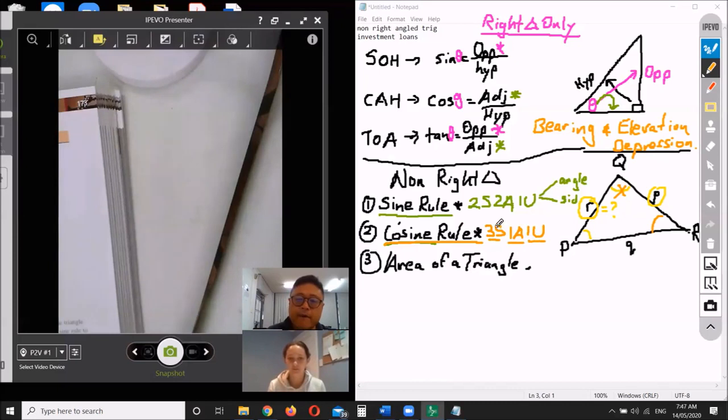So you either have an unknown angle, or you have the side that is opposite to the known angle. So it's got to be one of those. It's 2 sides and then the angle.